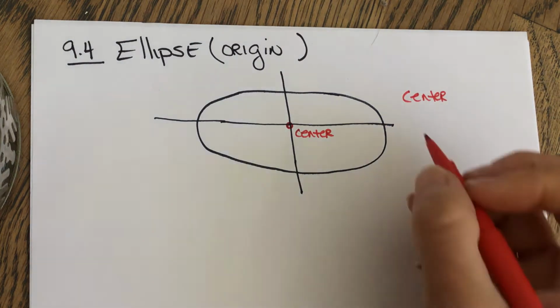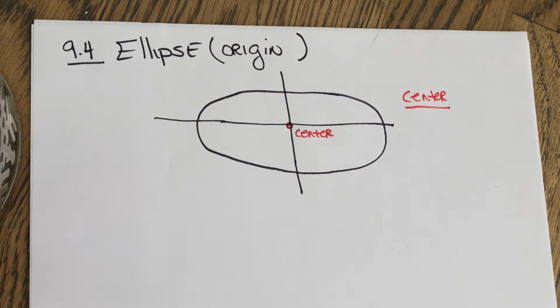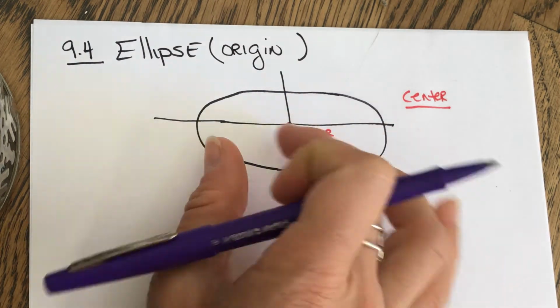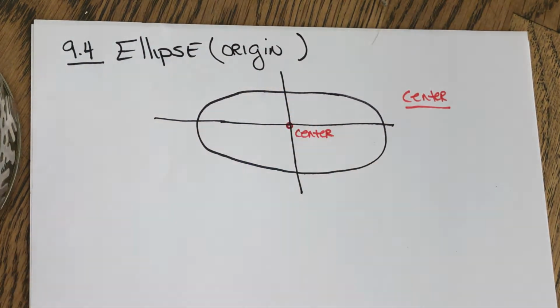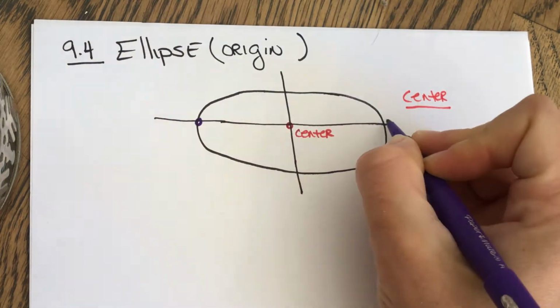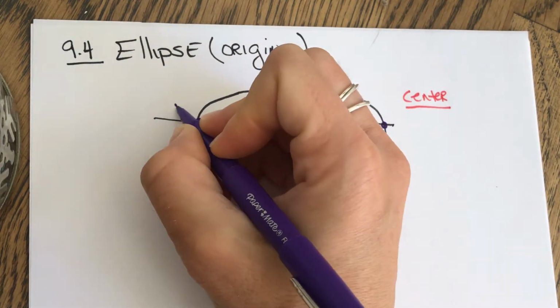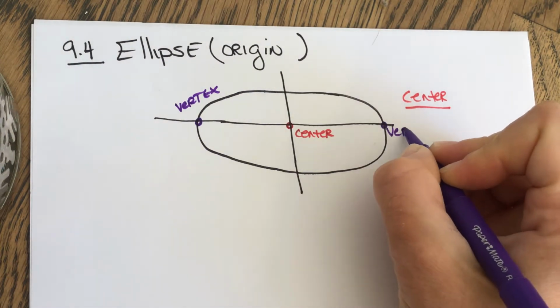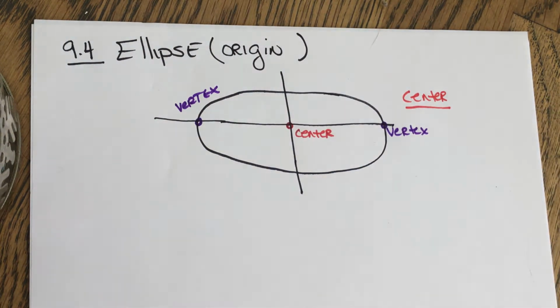But we have the center, and then what we have here is along the longer way. Think the longer way. Obviously, this is the longer way. It makes sense. That's what I mean, longer. This is the shorter way from here to here. Along the longer way, these 2 points, they are the vertex. So this is a vertex and this is a vertex, and that's going to actually distinguish something.